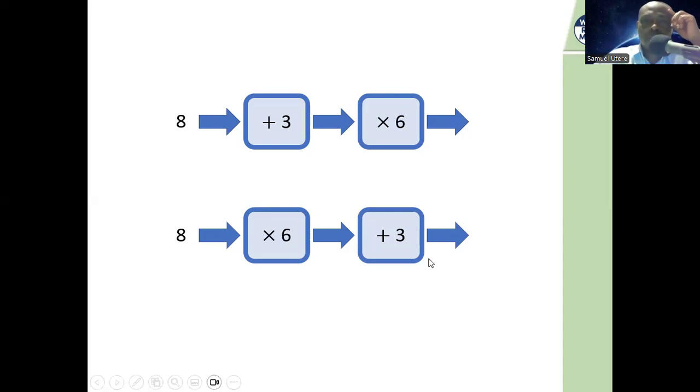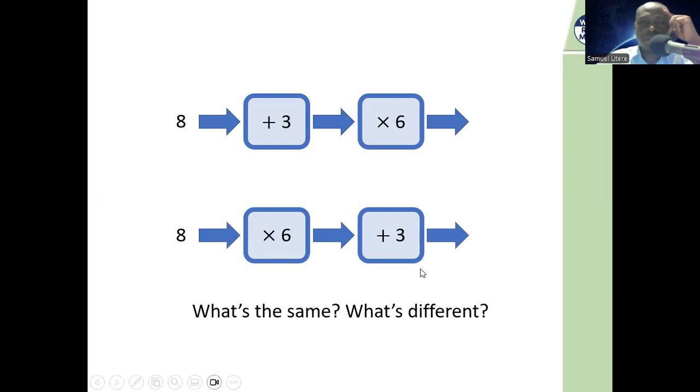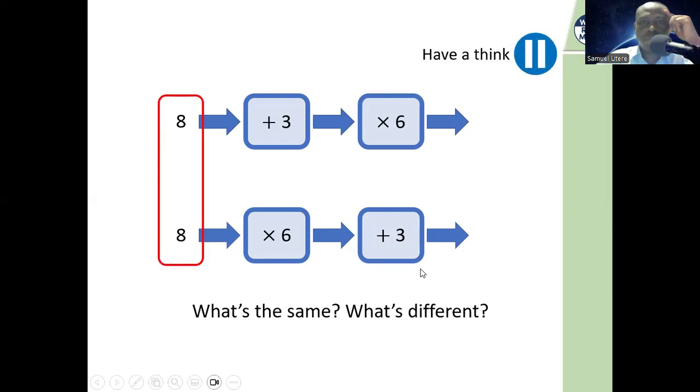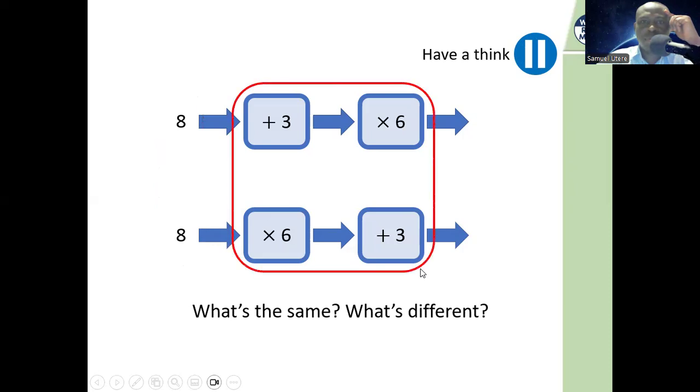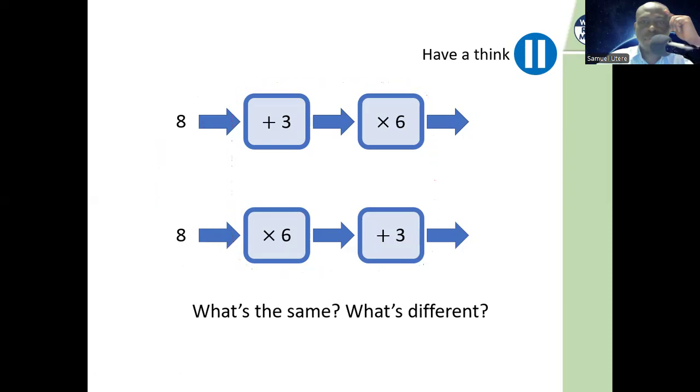Okay, let's see. Of course, the results will be different. You can see the results are different. So you need to know that the order of operations can affect the output of a function machine. It's really important for you to take note of that.